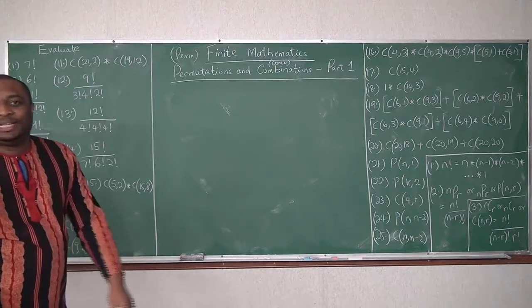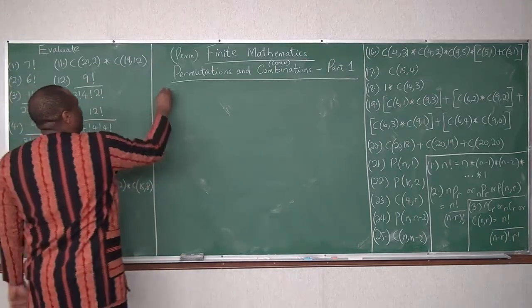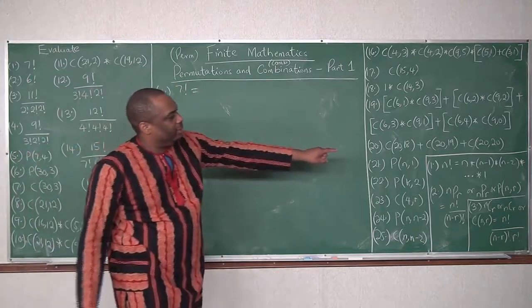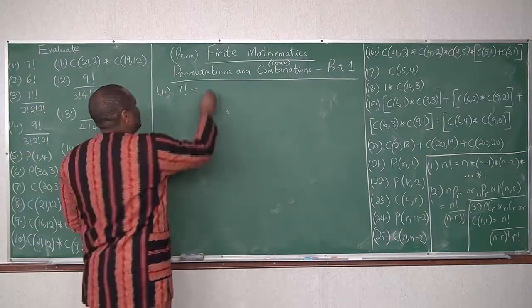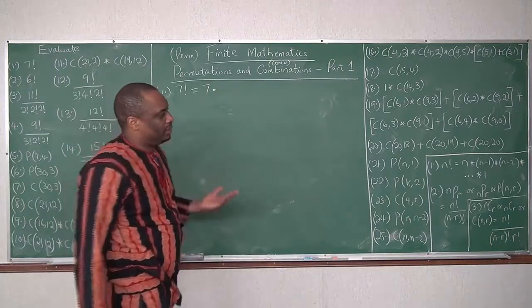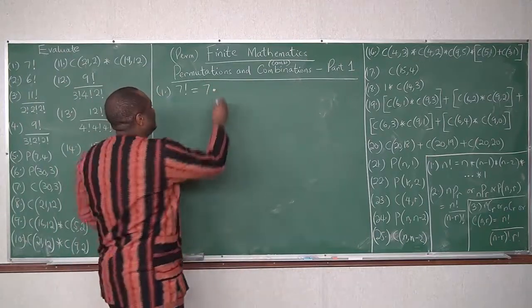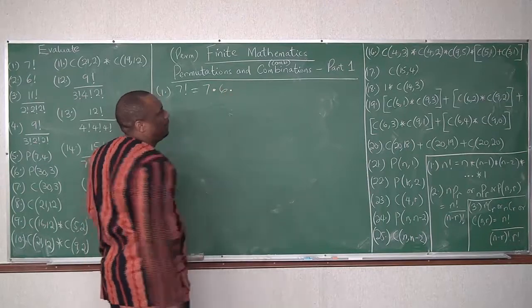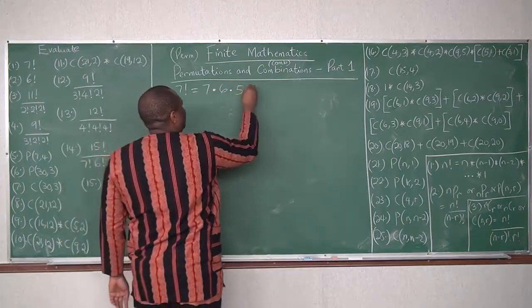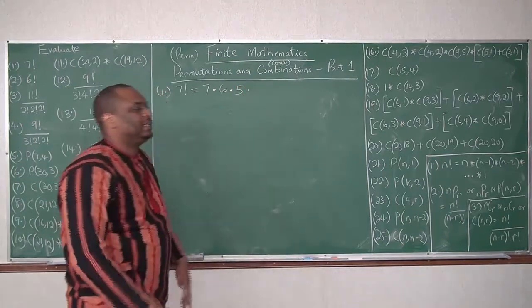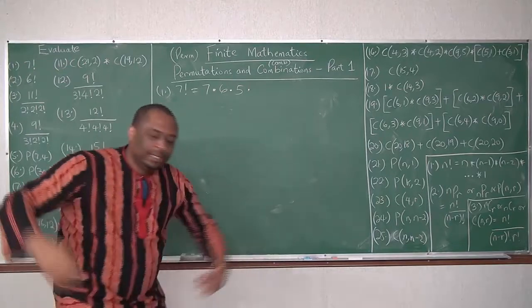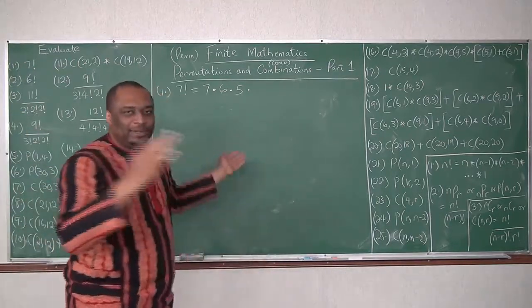Okay, let's get started. Number 1 is 7 factorial. So like you see, n factorial. So n is 7. So 7 times (n minus 1), 7 minus 1, 6, times (n minus 2), 7 minus 2, 5, times n minus 3 times n minus 4 times n minus 5 times n minus 6.